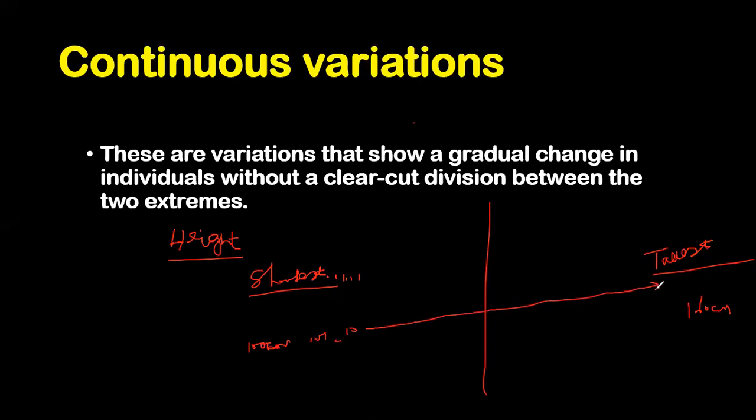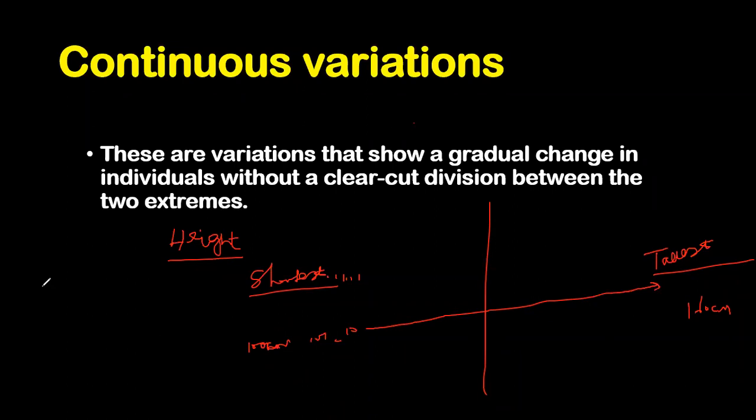There is that gradual change, that small change among individuals, and the two extreme ends do not show a clear division.